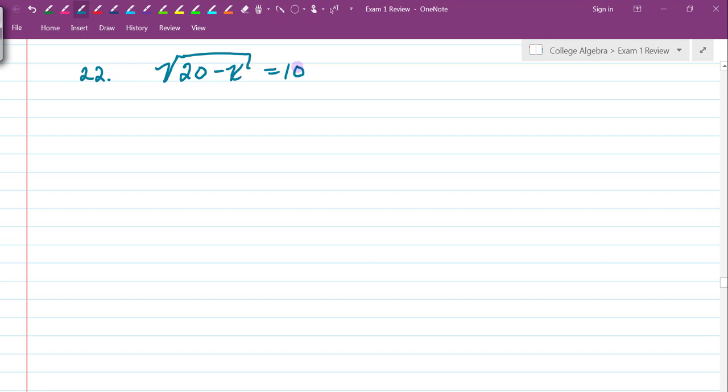In order to start to solve this, we want to square both sides, because if I have the square root of 4, do we all agree that that's the exact same thing as 4 raised to the 1/2 power? It is, right?